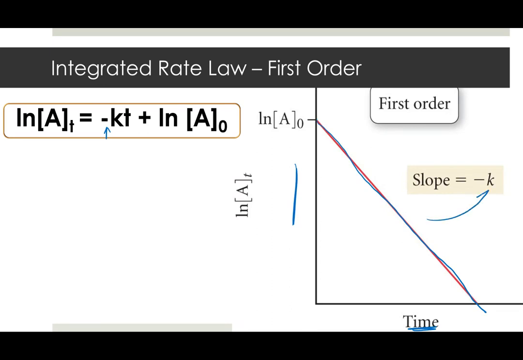And the slope of the line will equal K. So if I can throw this information into my calculator or into Excel, and I get the slope of this line, I can very easily solve for K that way. Okay. So just a slightly different way to determine the rate of our reaction, but still we've got to get this information from experimental data, right? We can't just make it up in our heads.